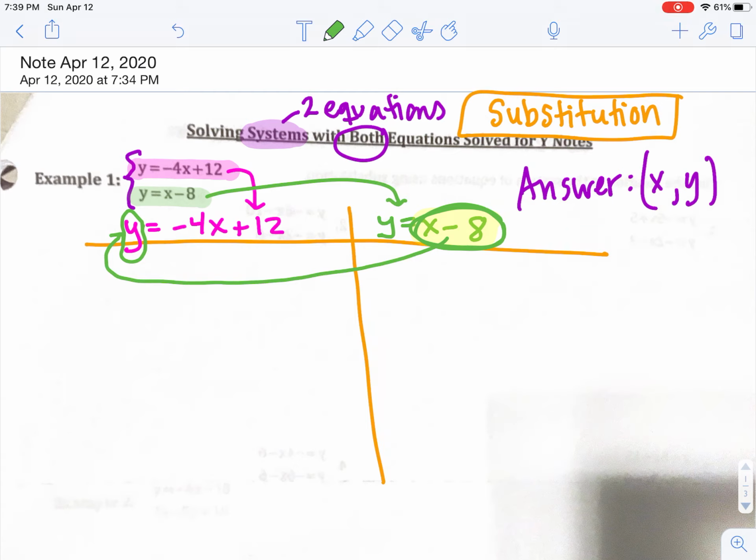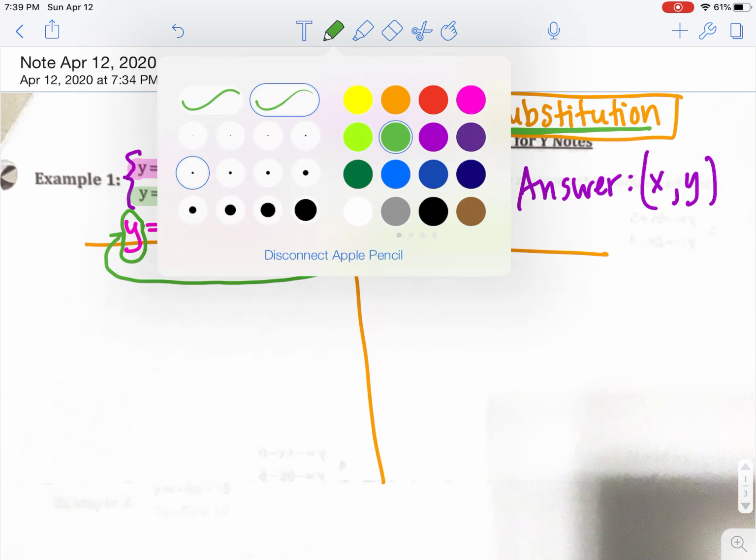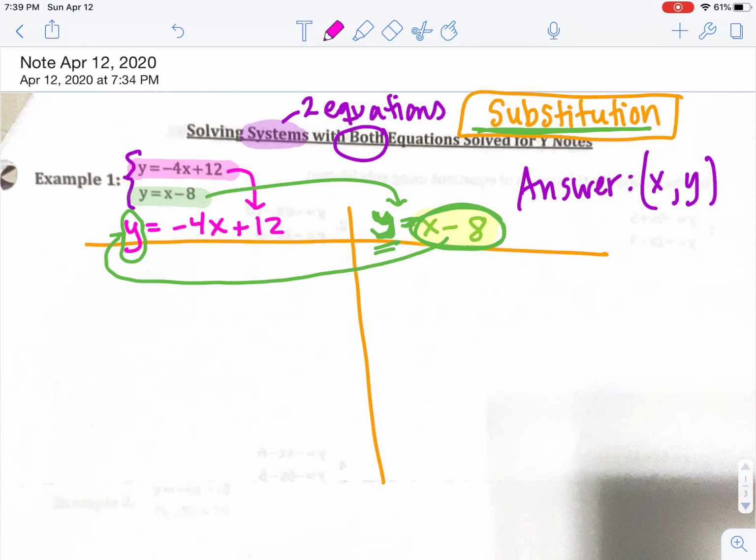Okay, I'm going to substitute. That's why this is called substitution. I'm going to substitute because that's equal to y. See how it's equal to y? It says y equals. So it's equal to y, so I can substitute it for the y over here. So now my pink equation, instead of this y right here, I'm subbing in the x minus 8.